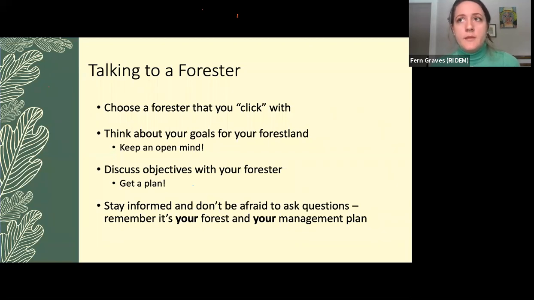When you're talking to your forester, you want to communicate the scope of what you can do and what you're willing to do. Some people aren't as willing to do really intensive things, and you need to communicate that to the forester so you can see if your goals are attainable with what you're willing to do.